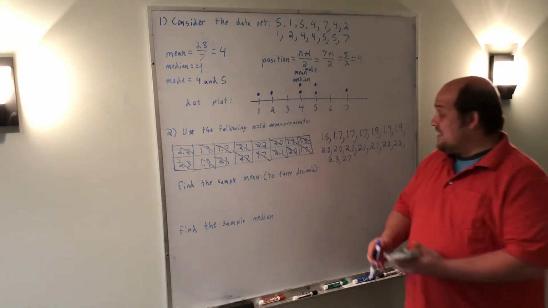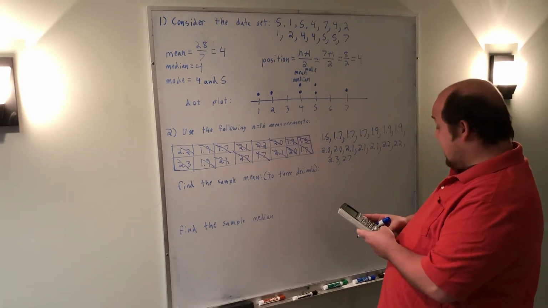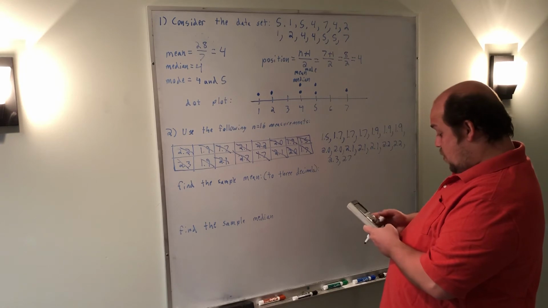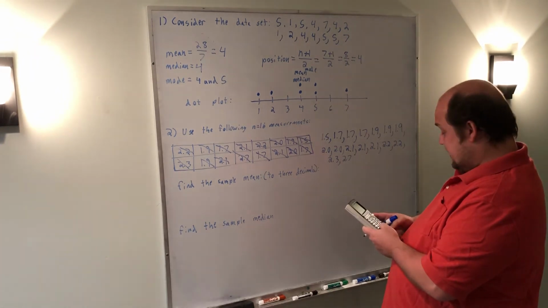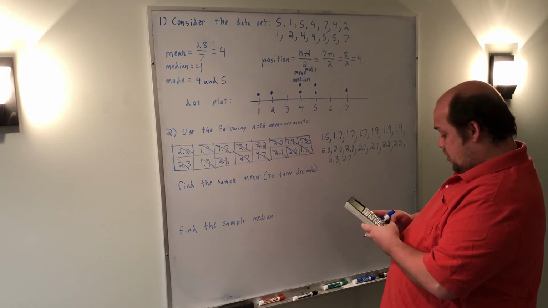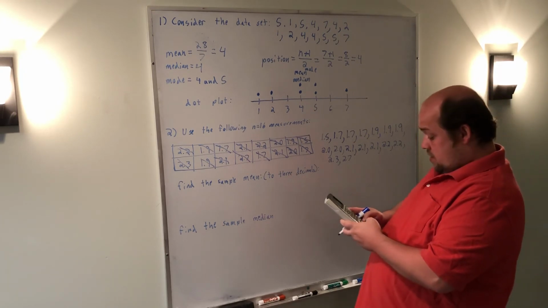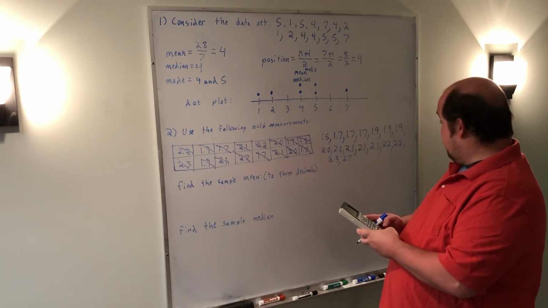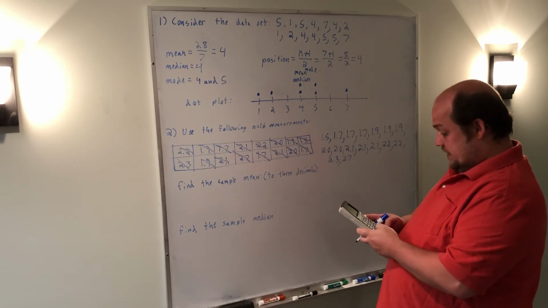When I go to find my sample mean, it really doesn't matter that I put them in order, but it can't hurt. So I'm going to add together 1.5 plus 1.7 plus 1.7 plus 1.7 plus 1.9 plus 1.9 plus 1.9 plus 2.0 plus 2.0 plus 2.1 plus 2.1 plus 2.1 plus 2.2 plus 2.2 plus 2.3 plus 2.7.